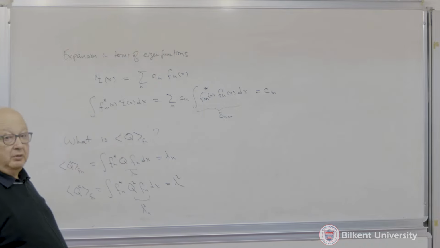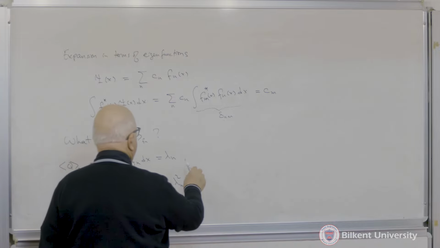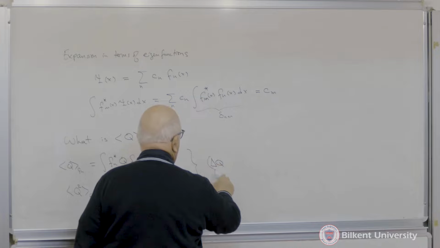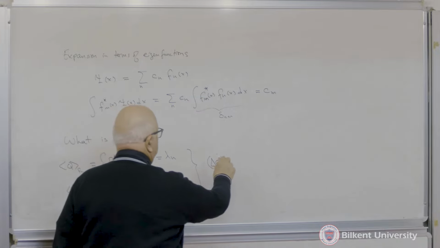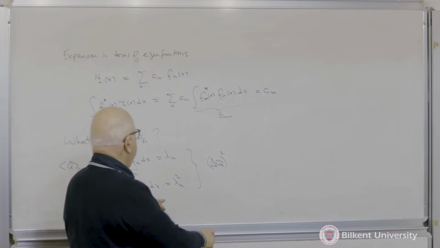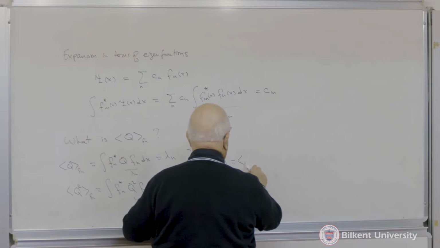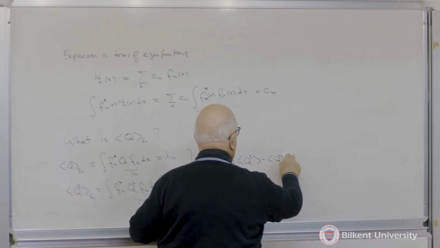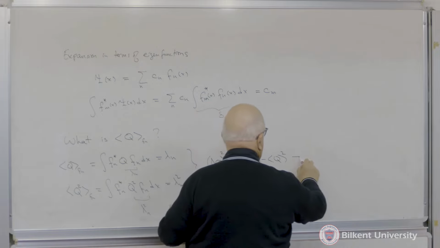What does that mean? If I now look at the fluctuation in Q for that state, it's going to be the average value of Q squared minus the average of Q, squared. So it's just going to be 0.